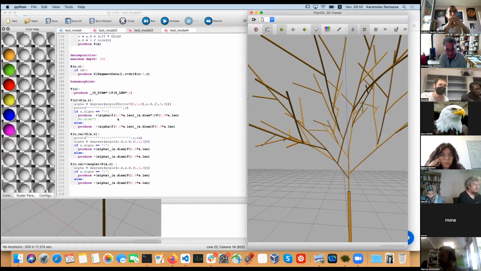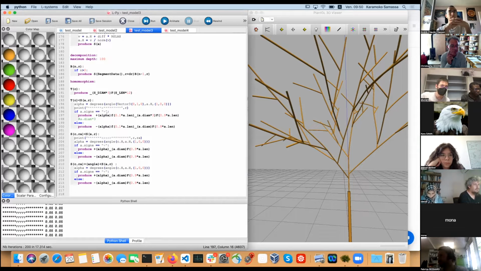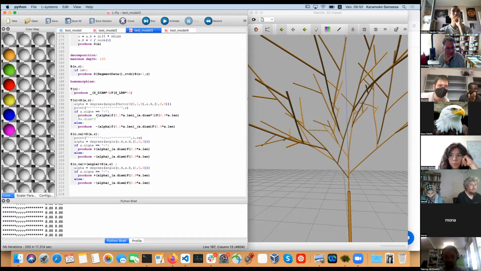In case you don't get where my concern is, it's here. If you see my screen, this plus alpha should depend on the orientation.